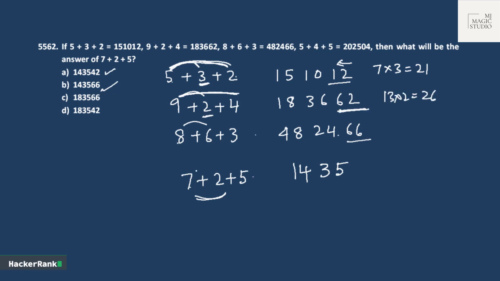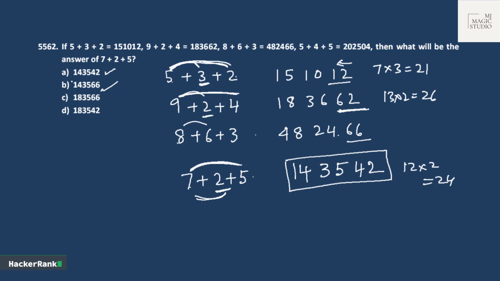Bingo, it is reverse. 7 plus 5 is 12, 12 into 2 is 24. We should have 42 here. 1, 4, 3, 5, 4, 2. Option A should be the pick.